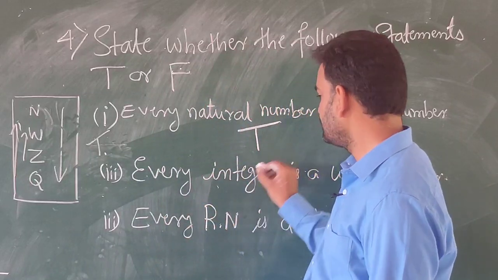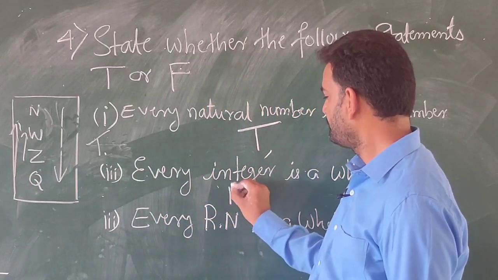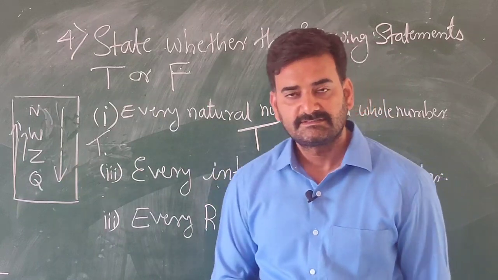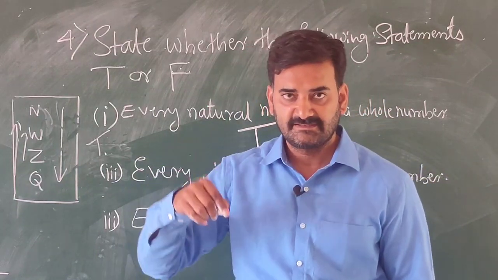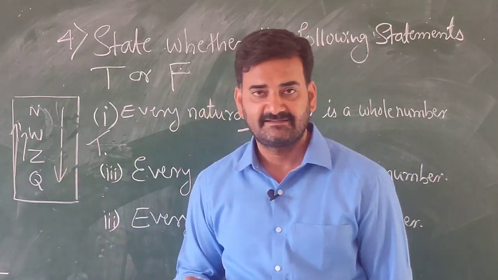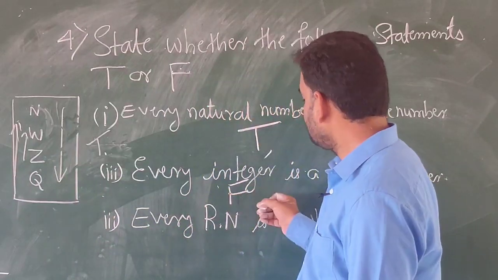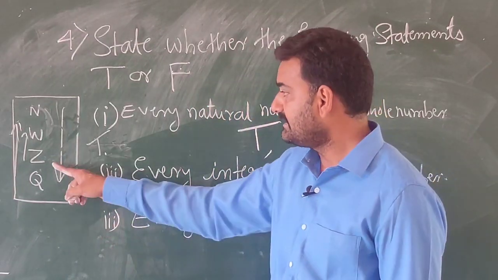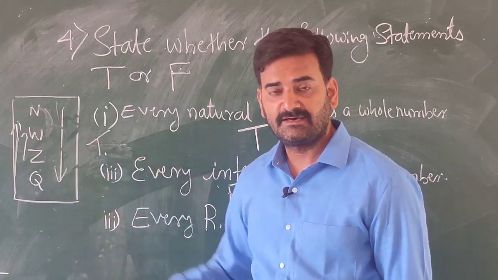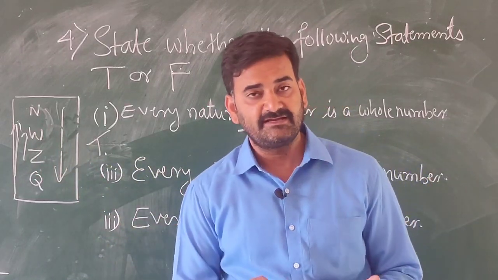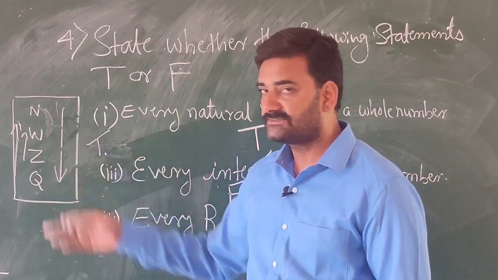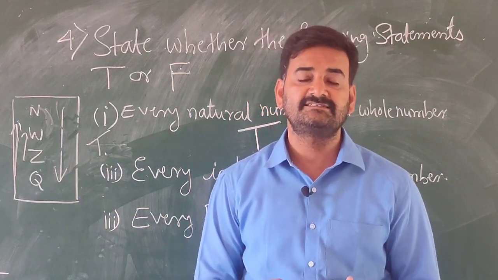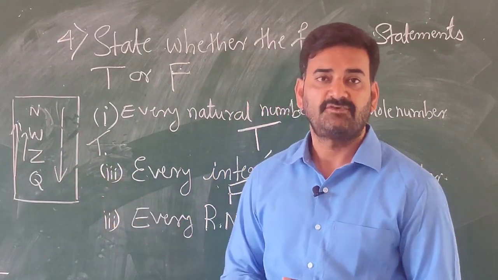Second is false because, when you see the set of integers and the set of whole numbers, in the integers you will find negative numbers, but in the whole numbers you will not find any negative number. This is the reason the statement is false.